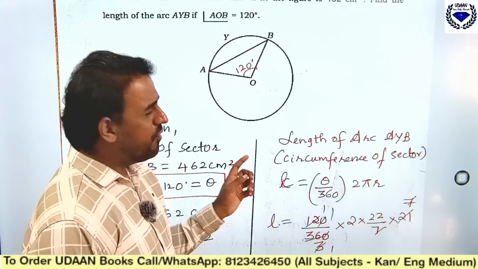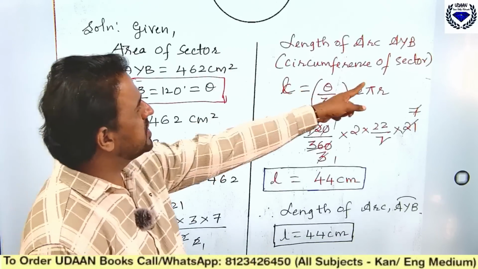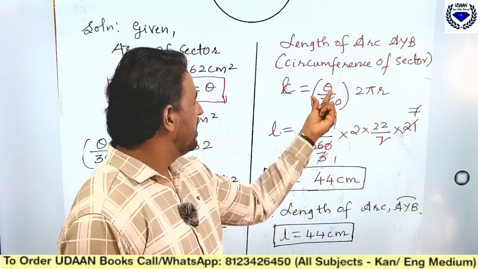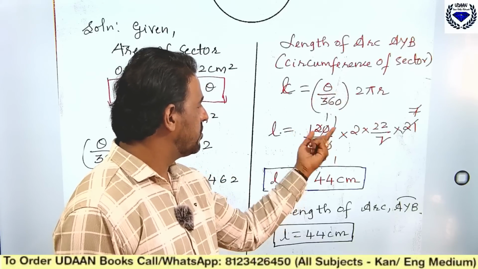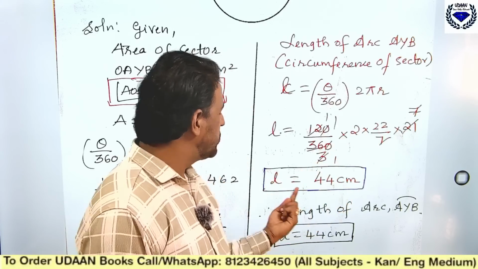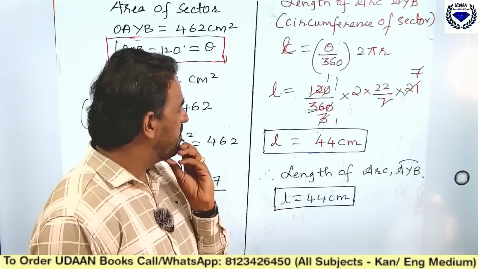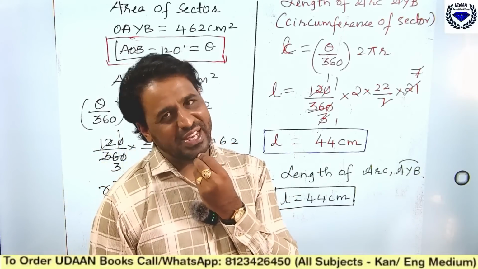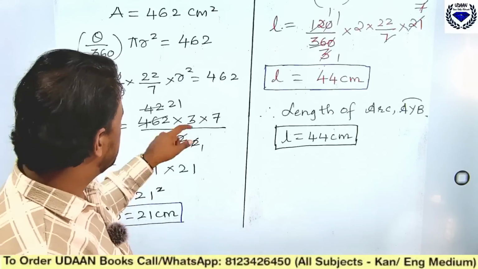AYB is the length of arc. So circumference of sector, that means L is equal to theta by 360 2 pi r. Theta is 120 by 360, 0 0 get cancelled, 1 by 3 is 2, pi is 22 by 7, r is 21. So when you just multiply L, you will get 44. Therefore the length of the arc AYB will get you at 44 centimeter.